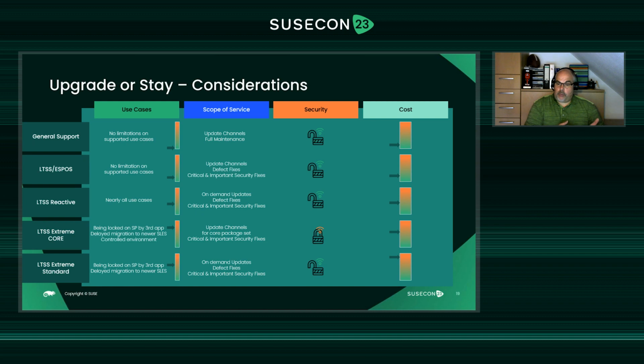Some use cases may benefit from utilizing the last service pack and leveraging LTSS Extreme for the longest possible support runway, while others may find it more efficient to upgrade from service pack to service pack within a major version. This really depends on your use case, on your workload. We understand the complexity involved, and our support offerings provide you with options to make informed decisions on your unique situation.